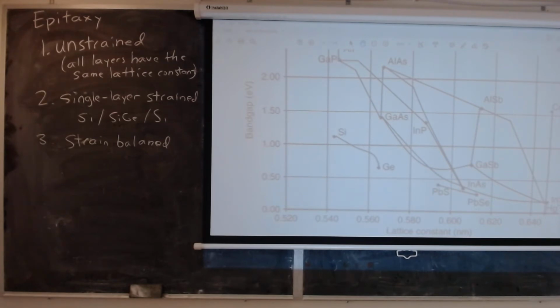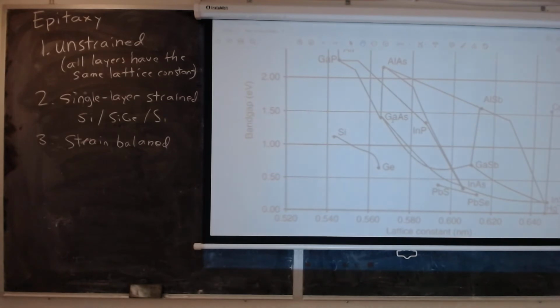Meaning here it's all gallium phosphide, here it's all gallium arsenide. Now, one thing I want you to be aware of is that when you form alloys, it's not just the first atom that changes. When I go from gallium arsenide to indium arsenide, the group 3 atom is what's changing. When I go from gallium arsenide to gallium phosphide, it's the second atom, the group 5 atom, that's changing.